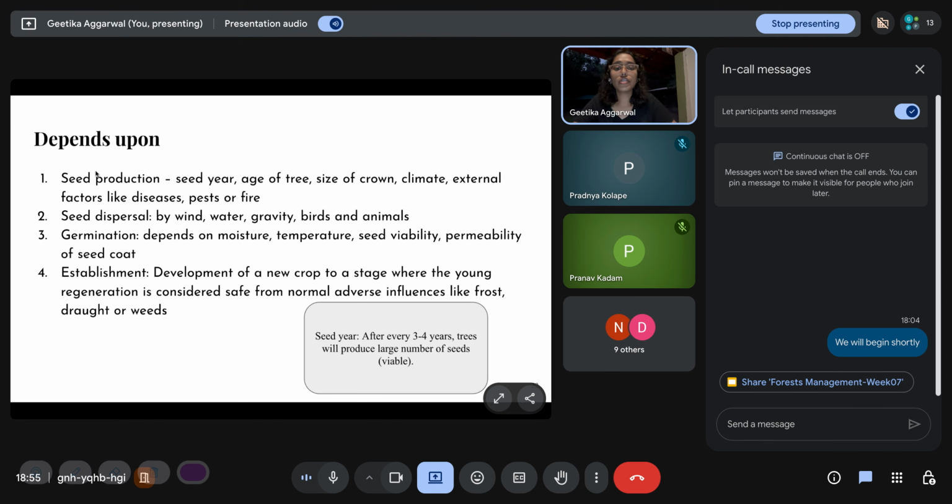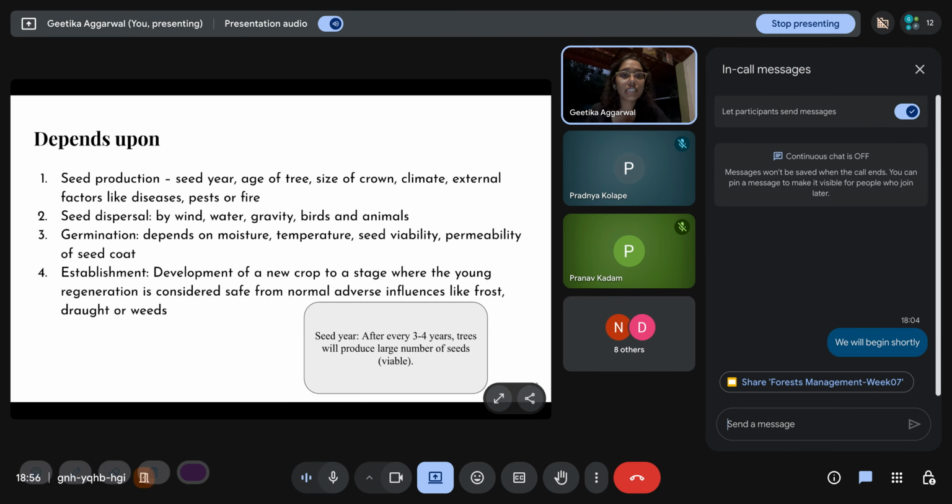And natural regeneration depends on different things. The first thing is seed production. Because you're letting the forest stand regenerate on its own, it's very important how the seed is getting produced in the area. Number one is seed year. Seed year is where after every 3-4 years, the trees can produce a large number of viable seeds.